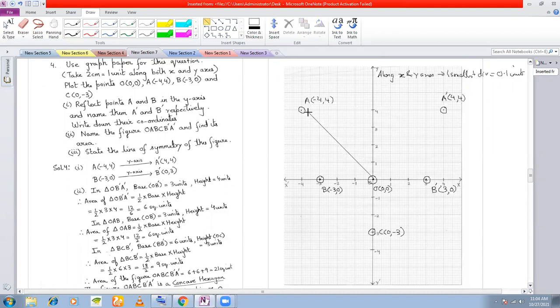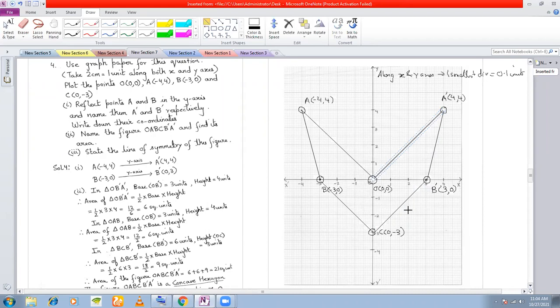O A. Then A to B. Then B to C. Fine, and then C to B dashed. Then B dash to A dashed. And then finally you join A dash to O. This is the kind of figure that you are getting.